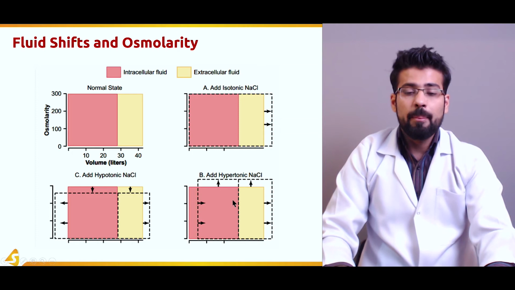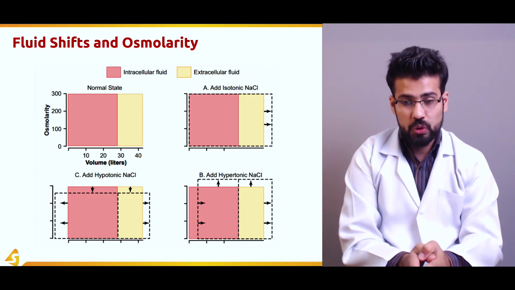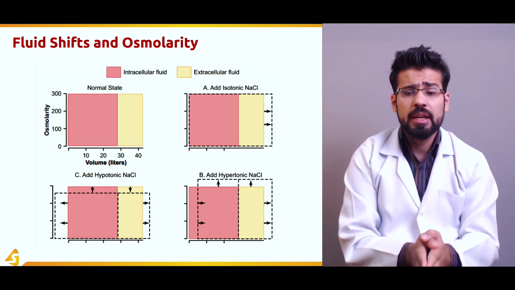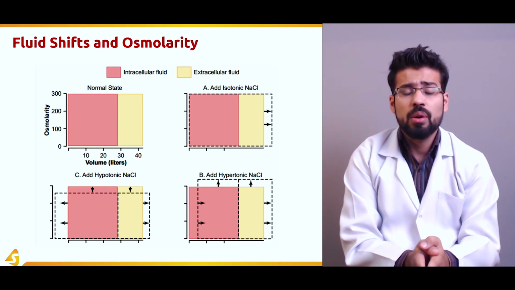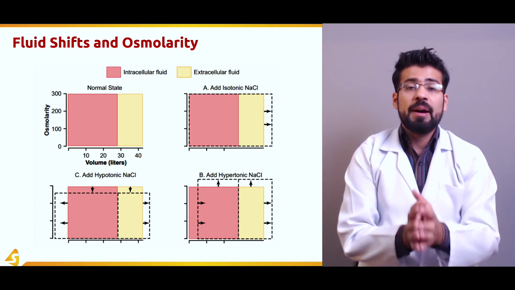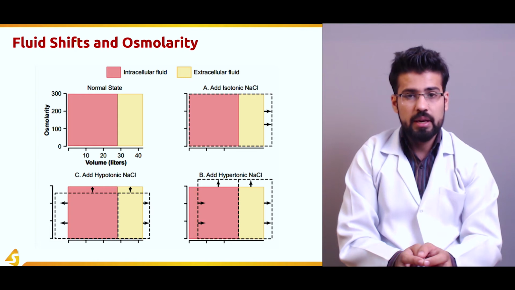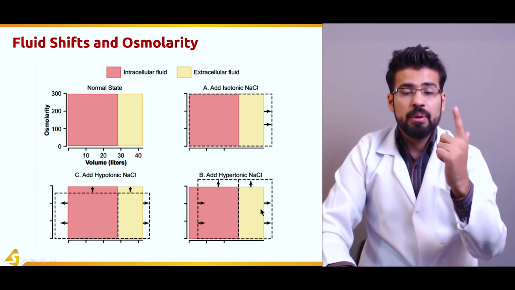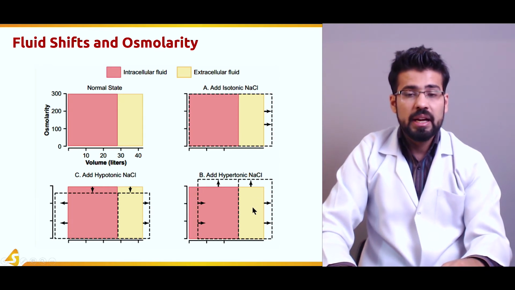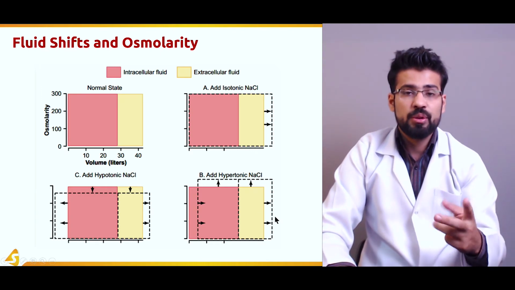Now let's discuss B, when you add a hypertonic NaCl solution. What will happen in this particular case? You are adding an abundant amount of solutes in the extracellular fluid, right? The extracellular fluid will increase in volume because of two things.